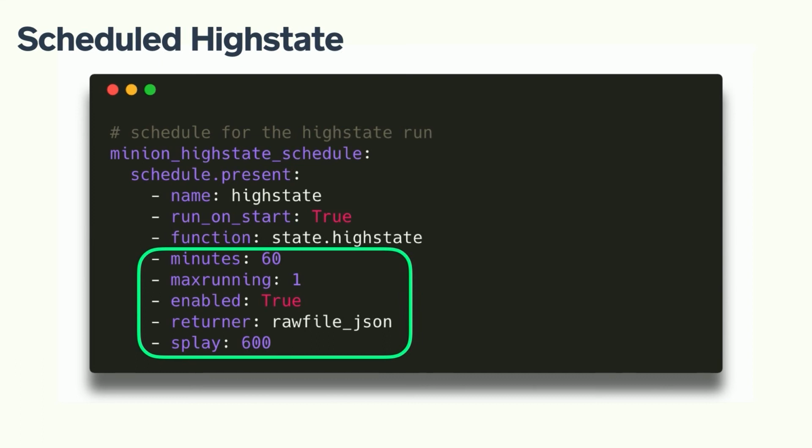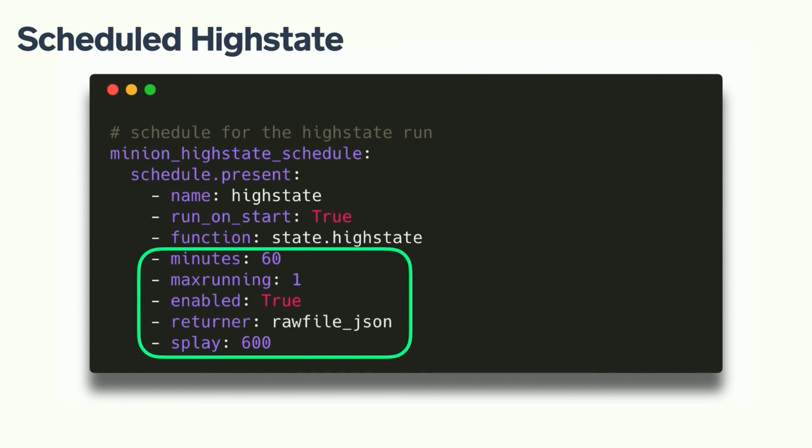Which, with this, will run it every 60 minutes. And you can tell it you're only allowed to run one high state at a time. You can have schedules available, but not active. So with the enabled key, we want to make sure, yes, that the high state is running. And then we're going to use the returner. A returner is a different module, and there are multiple types of returner.